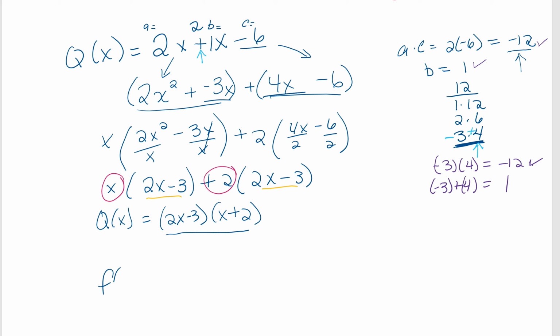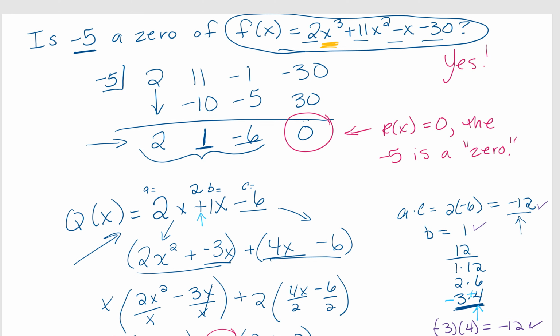So I do know that 2 of my factors are 2x minus 3 and x plus 2. But if I was to multiply that back out, that's not going to give me my original function. It will just give me my quotient. So what is my other factor and where do I get it from?